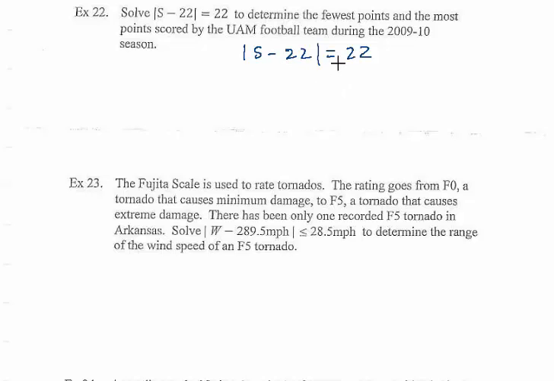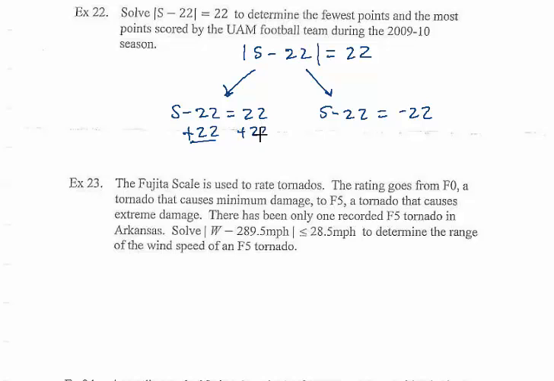Alright, we have an equal sign. So what we do is we drop the bars, write it the way it's given, and then we drop the bars and make the right hand side negative. And we solve two separate equations that stemmed from one absolute value equation. In each case, we get the s by itself by adding 22 to both sides.